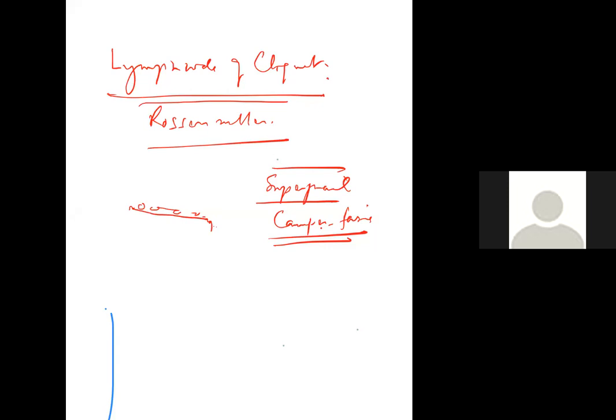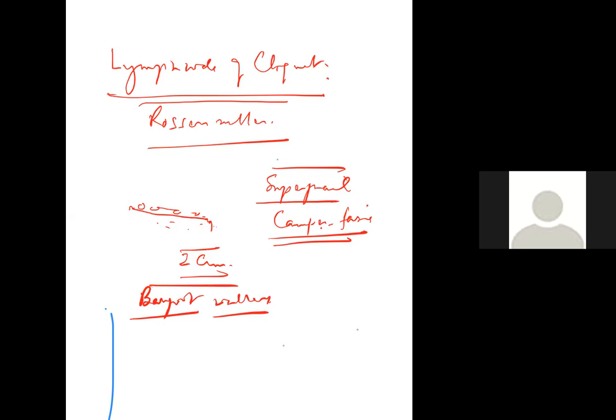Where was I? Yeah, here. So usually it is superficial and the node can achieve up to 2 centimeters in size because they are often involved in infections of the foot, barefoot walking, and barefoot walkers would generally have this.